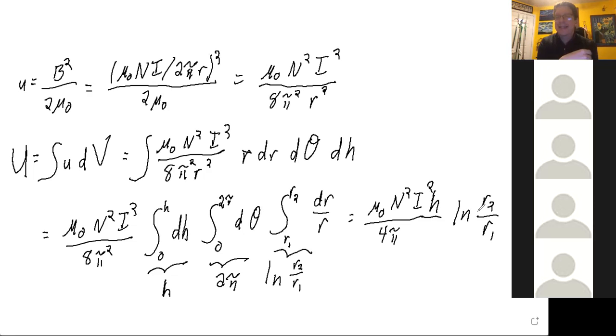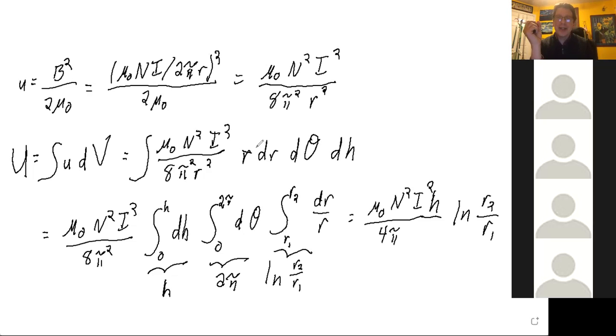So again, the key is setting up the integral. So you're integrating over a circular cross section, or over a segment of the circle, and that's going from r1 to r2, but it's over the entire circle. So you're integrating theta from 0 to 2 pi. And then you just have the height term for the thickness of the rectangle.